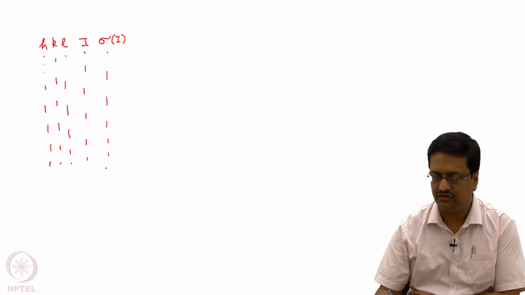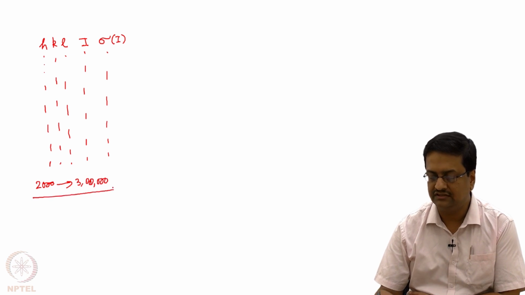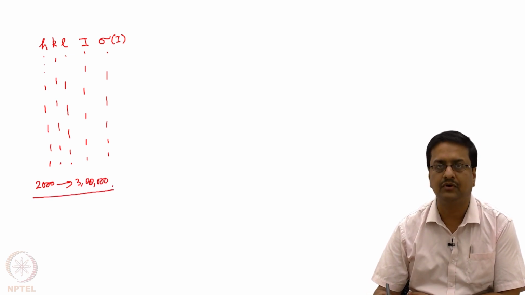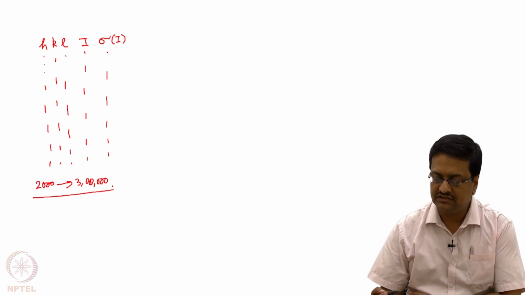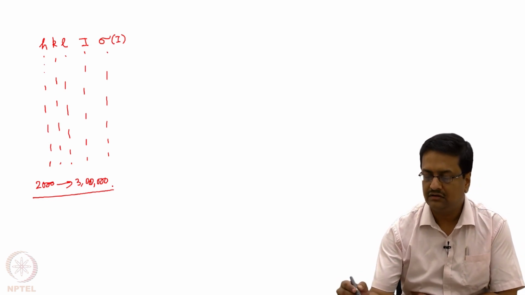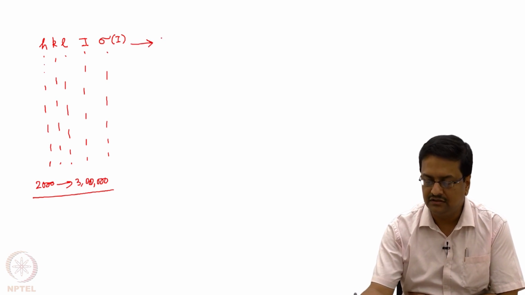This list can contain a number of reflections from about 2000 to even 3 lakh, depending on the size of the lattice, the amount of data you have collected, up to what theta, and so on. So in a structure solution program, first these reflections are arranged in decreasing order of their corresponding mod E values.